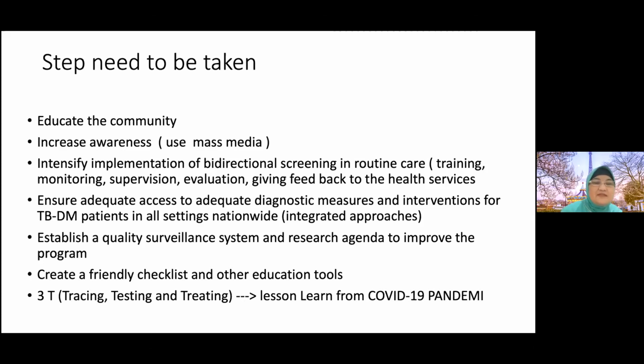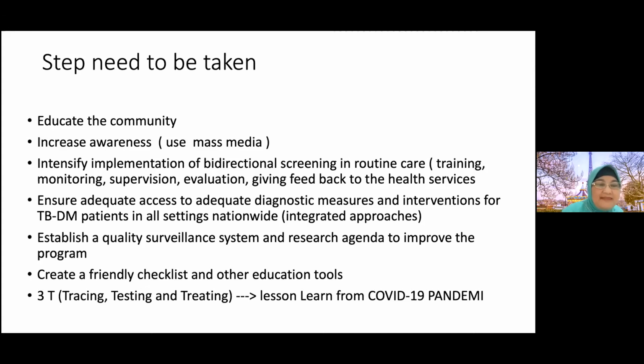Also ensure adequate access to diagnostic measures and interventions for TB diabetes patients in all settings nationwide. We can also call this an integrated approach, and also establish a quality surveillance system and research agenda to improve the program.